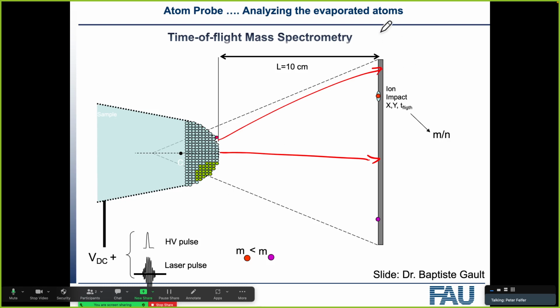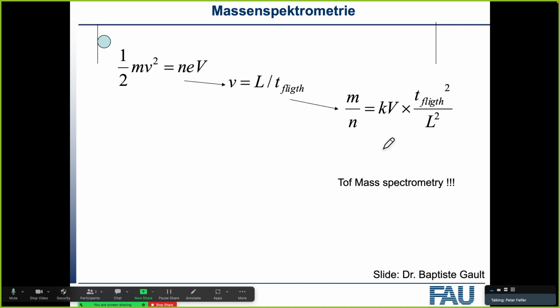This is why for large detection angles, we need the spatial resolution, because otherwise we would start confusing atoms that just fly longer because they're flying towards the outside of the detector, rather than the middle of the detector. And that's actually relatively easy to deduce. So essentially this is just the kinetic energy of an ion, and this is the energy that we put in.